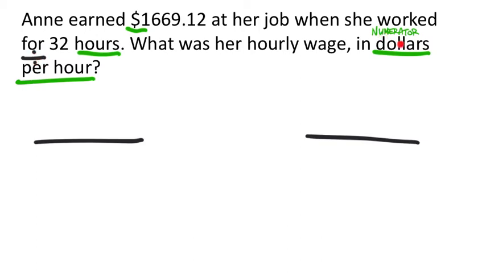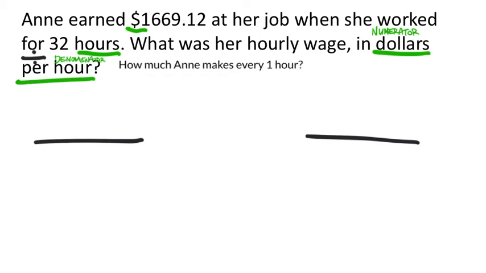So the first number is always your numerator, the second one there, the hours, this needs to be our denominator. Okay? Now, whether you misplace these or not, it's important for you to understand right here that it's asking per hour. What's her hourly wage in dollars per hour? So it's really asking how much Anne makes every 1 hour.